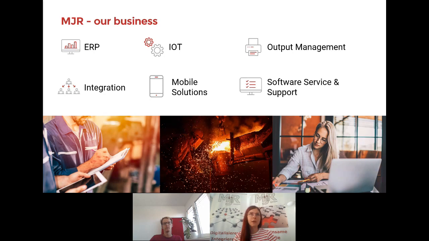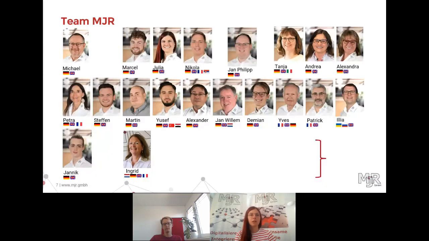We do integration, also mobile solutions, and of course software service and support for our customers. Here you have a quick overview of our team with about 20 people from over 5 countries, speaking 10 languages. Together we are one team, MJR.